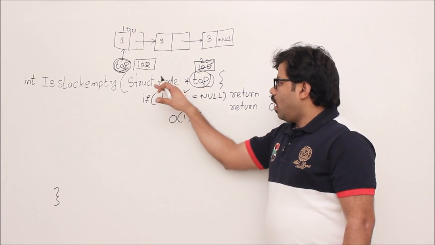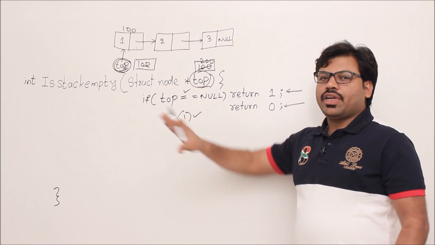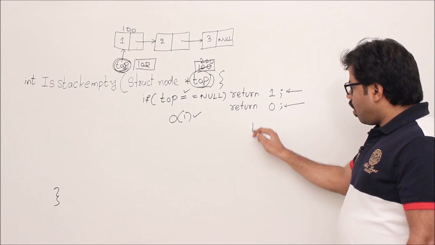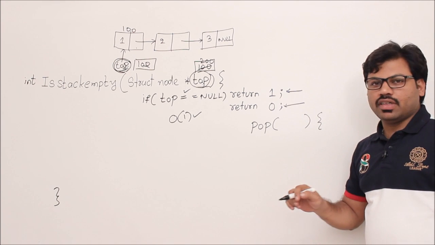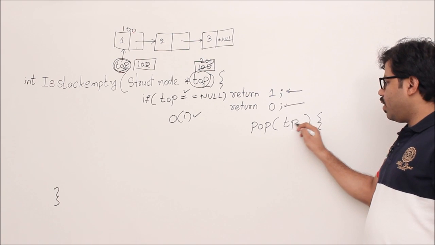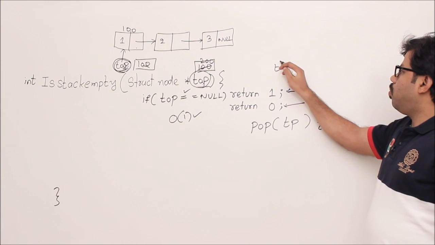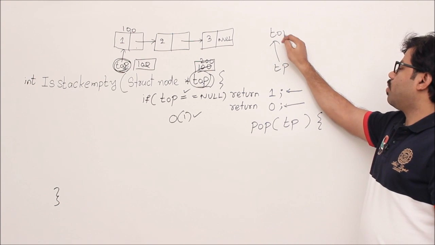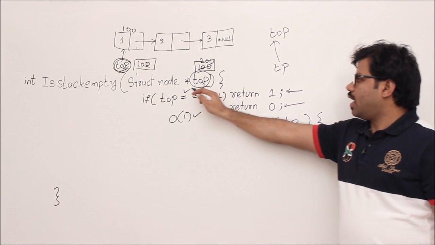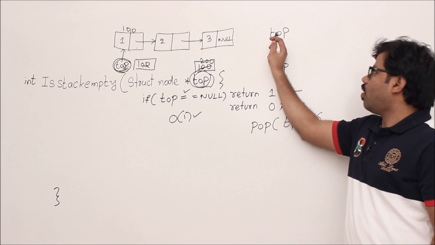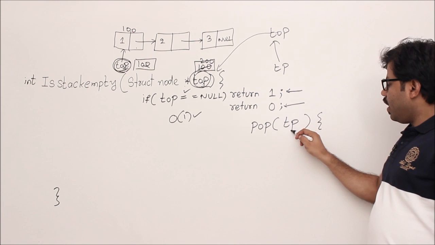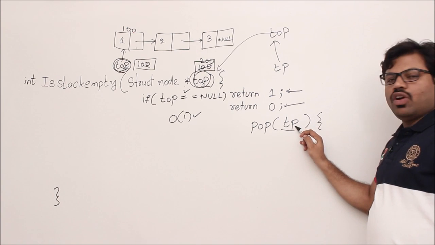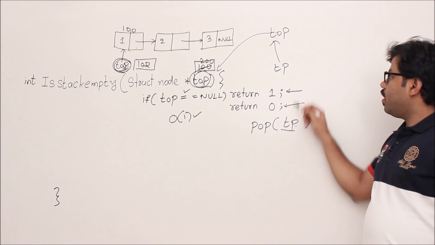Now, how to call this eStackEmpty from that pop method, I will tell you. Already we have seen that; one more time we'll revise. In that pop method, we have TP. Did you remember it? And TP was a pointer to T, the original top, correct? But my method eStackEmpty was working directly with top. That means I want the value of top. But being in pop, we don't have the value of top. We have a pointer to top.